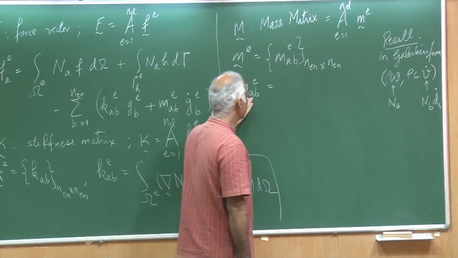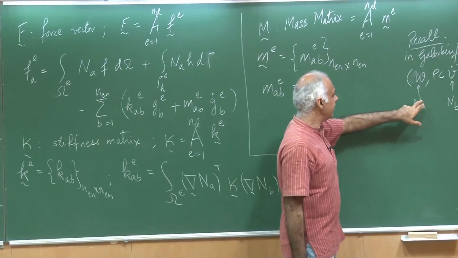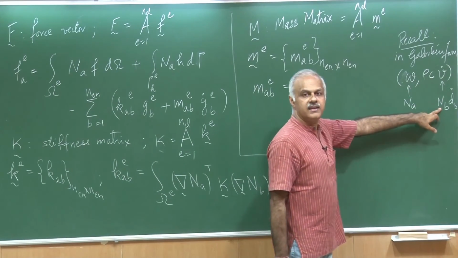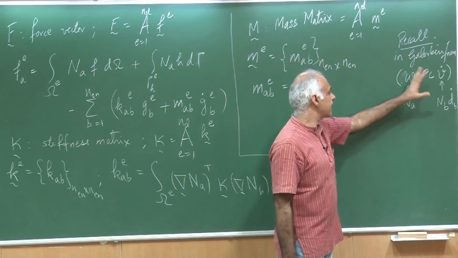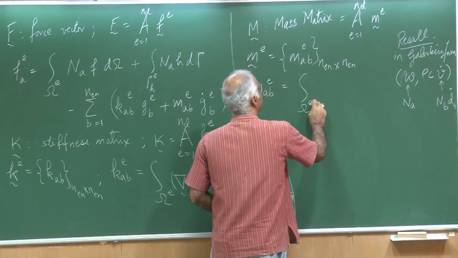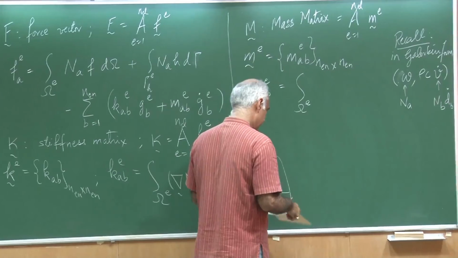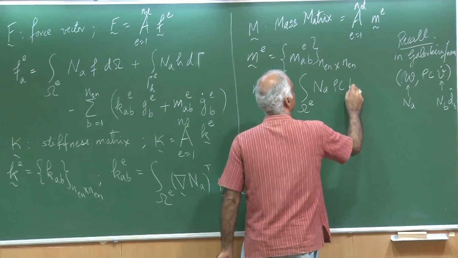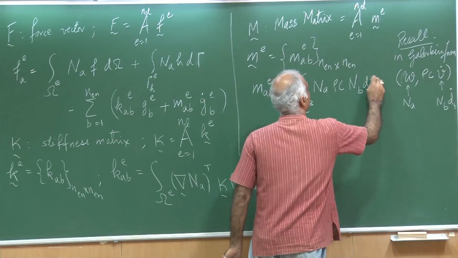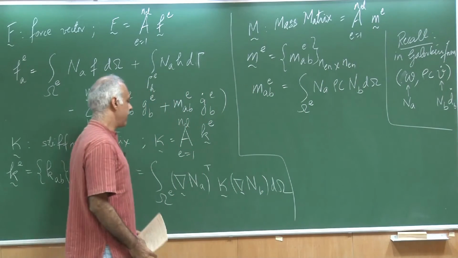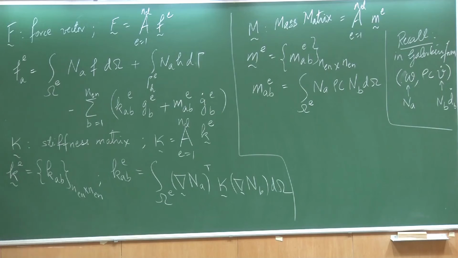So, it is easy to see that in the mass matrix I would get an N_a times rho c and an N_b and an integral over the element domain. You can again check it yourself with more rigor. This would be the integral of N_a rho c N_b d omega. So, there you go.